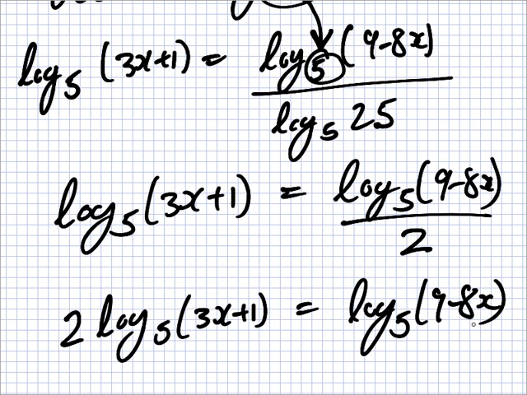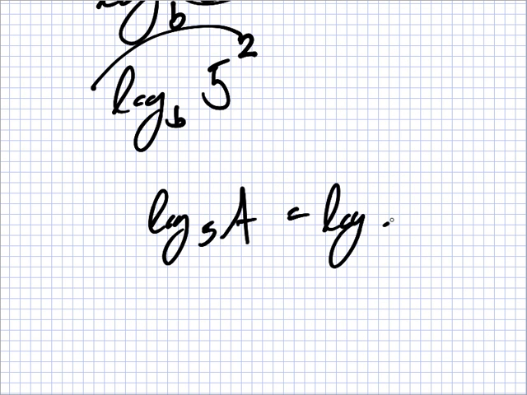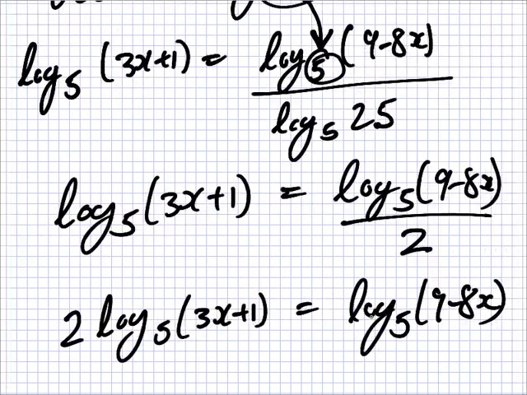Now you're nearly there, Michelle. If you had, for example, log 5a equals log 5b, you can cancel the logs. That is true. But we have a small problem. We don't quite have this. What's our problem? The 2. So if we can get rid of that 2, we can cancel the logs in the next step.